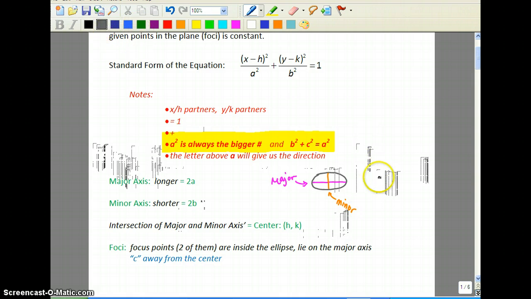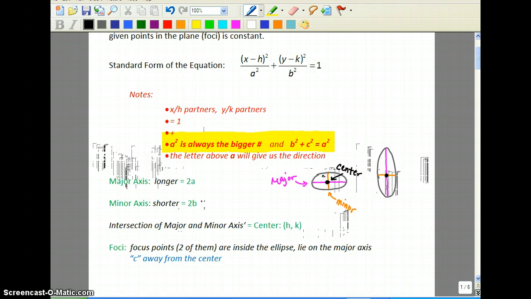Now we can have that oval go this way as well. So this pink one would be the longer one, major, and the orange one would be the short one, that would be the minor. The intersection point of these two is always the center.